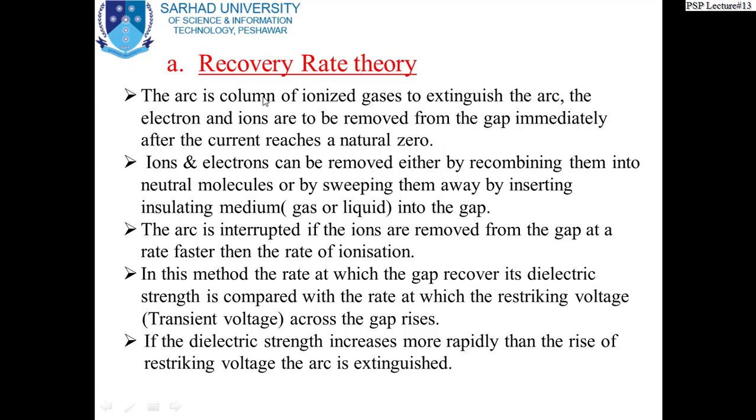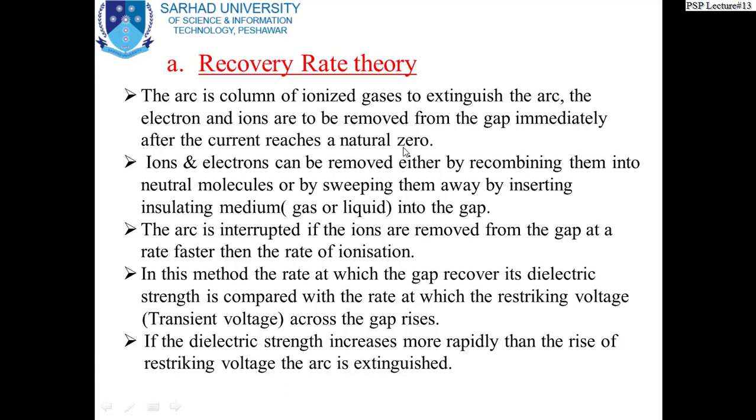And what is an arc? The arc is a column of ionized gases, because there is no electron flow actually. Electrons flow only in conductors. To extinguish the arc, the free electrons and ions are to be removed from the gap immediately after the current reaches a natural zero.